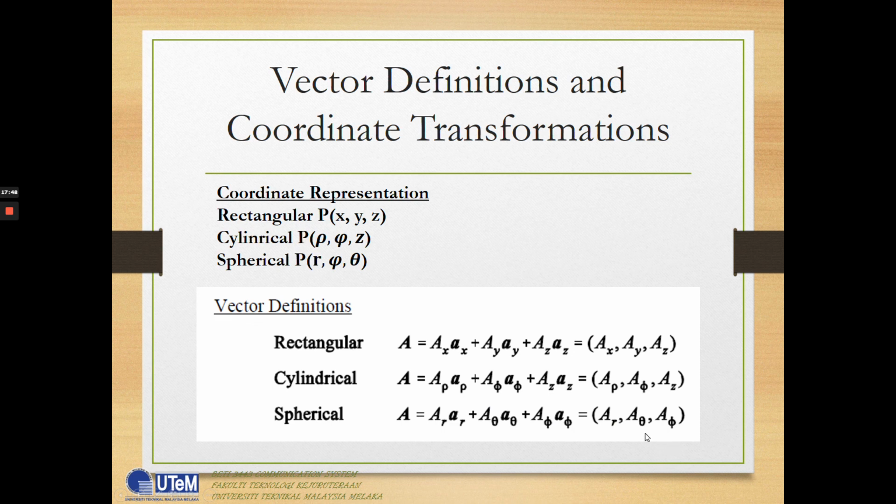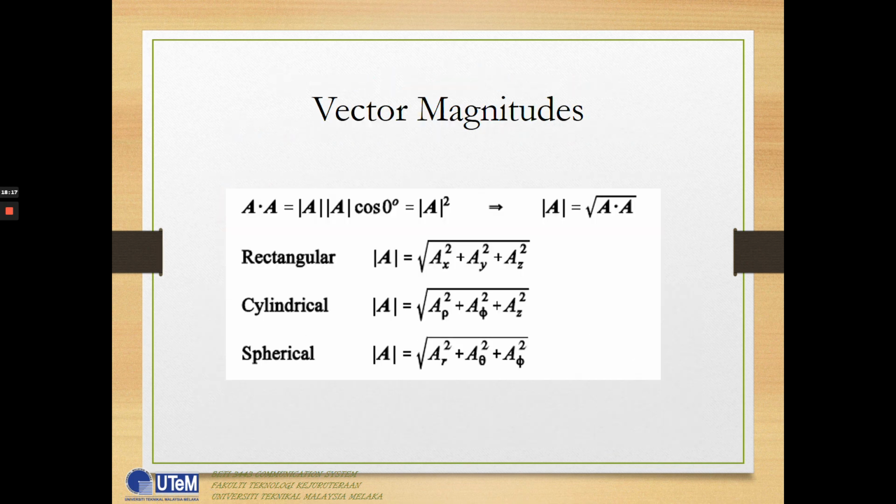It can be A phi or A theta, it doesn't matter. There will be a component in each direction. You have to remember this one. If you have cylindrical, there is a rho direction component, phi direction component, and Z direction component. If you have spherical, then it's R direction component, theta direction component, and phi direction component.